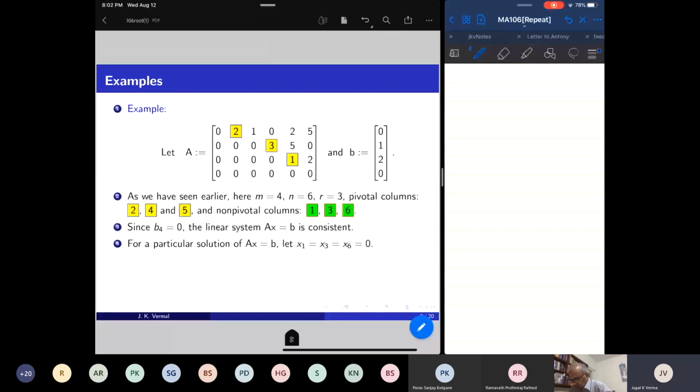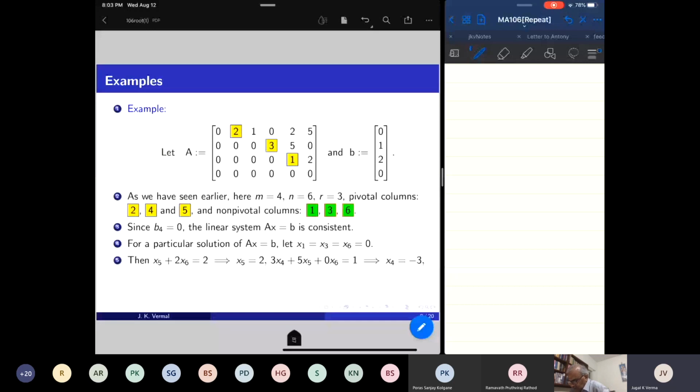So to find a particular solution, you set x1, x3, x6 equal to 0 because they correspond to the non-pivotal columns. They are free variables. We can assign any values to them. So to find one particular solution, I can set all of them to be 0. Now you look at the third equation. The third equation is x5 plus 2x6 equal to 2, and x6 is given value 0.